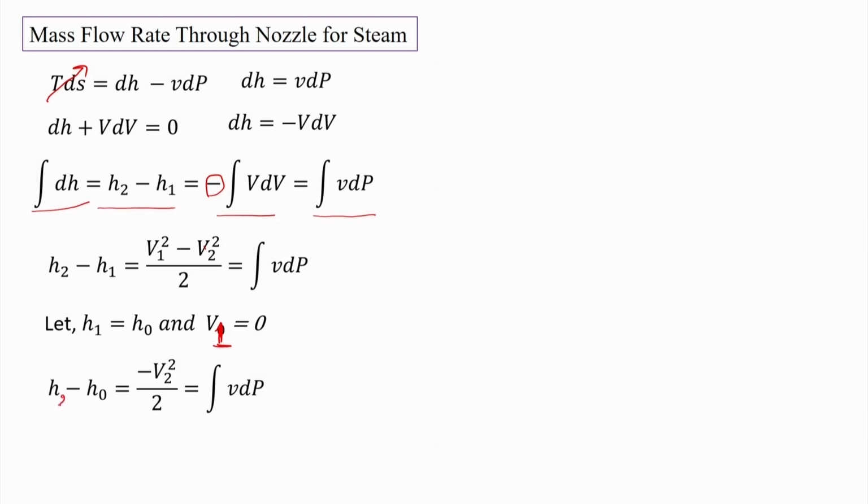This is H2 minus H0 is equal to minus V2 square by 2 is equal to the integral of VdP from inlet 1 to outlet 2. Further, we will write this expression in positive form, that H0 minus H2 is equal to V2 square by 2 is equal to minus integral VdP.